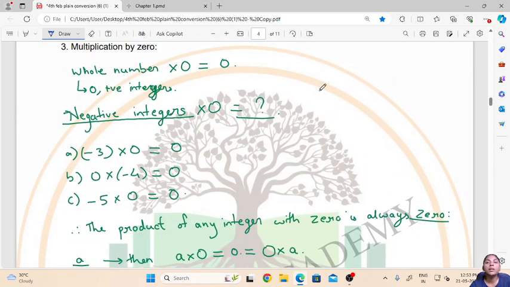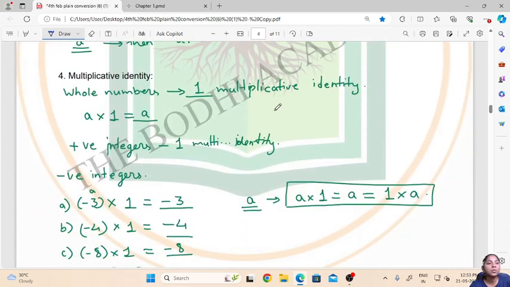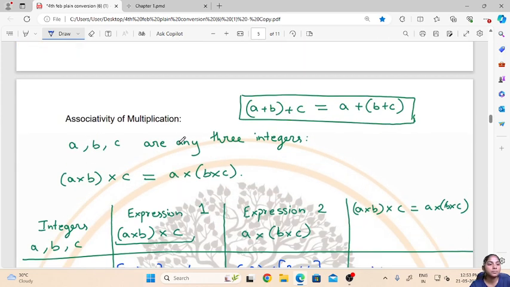Then we have seen multiplication by 0, that is for any integer a, when it is multiplied by 0 we get the answer as 0. Then we have seen the multiplicative identity of integers, that is 1, that is for any integer a, when it is multiplied by 1 we get the integer itself.